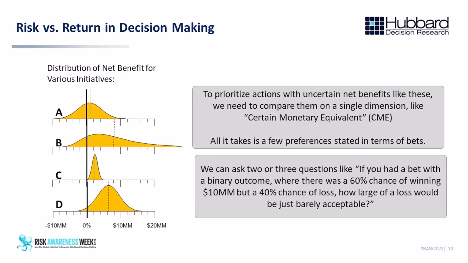Okay? Well, one way that we can answer this question is convert all of these distributions into a single number and compare all these investments based on the single number. That single number could be the certain monetary equivalent. That's a certain monetary amount you consider equivalent to this uncertain distribution.